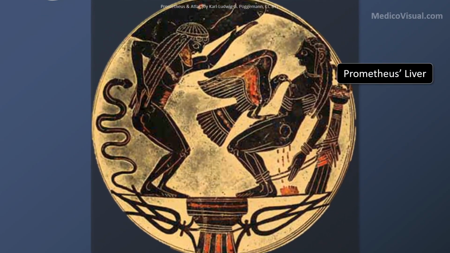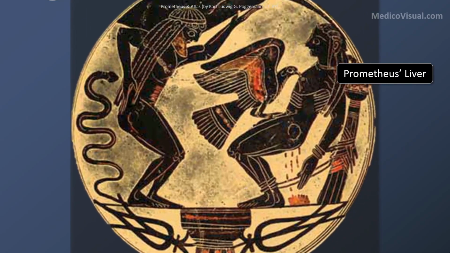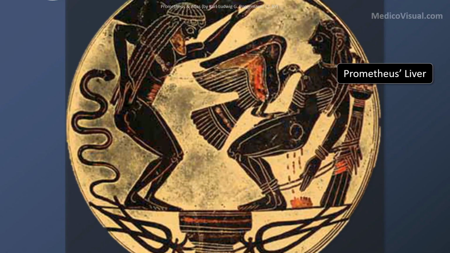According to Greek mythology, there was a mythological figure with the name of Prometheus. Prometheus stole the secret of fire, and Zeus punished him by sending an eagle. This eagle ate Prometheus' liver daily. A great part of Prometheus' liver was eaten by this eagle, but his liver regenerated every night.